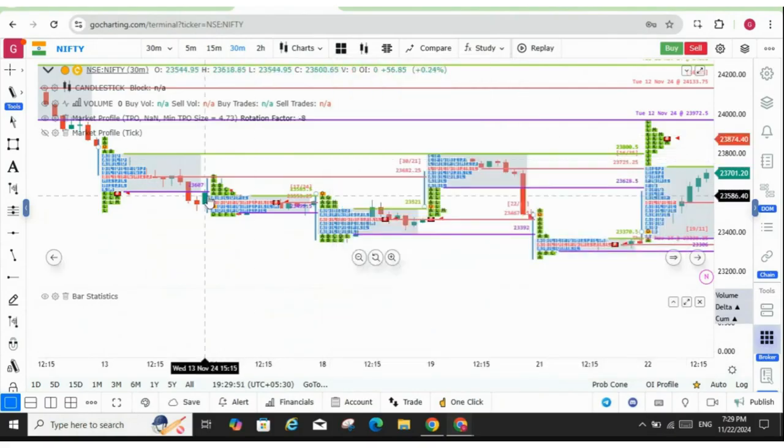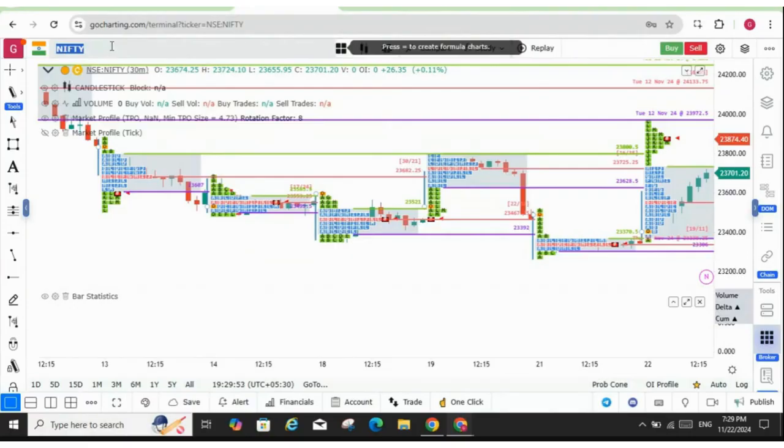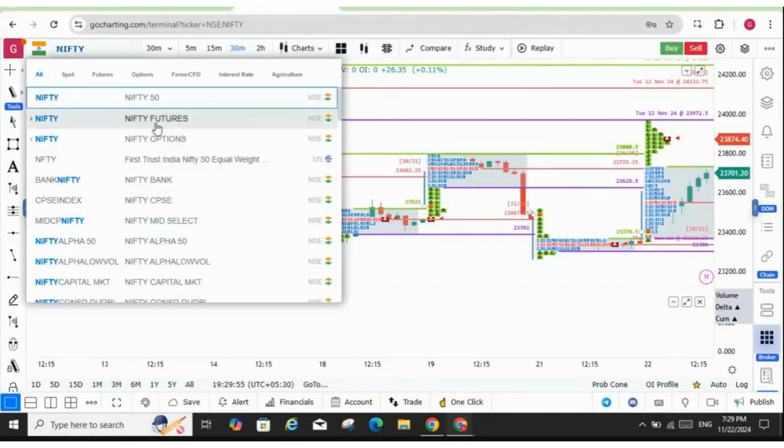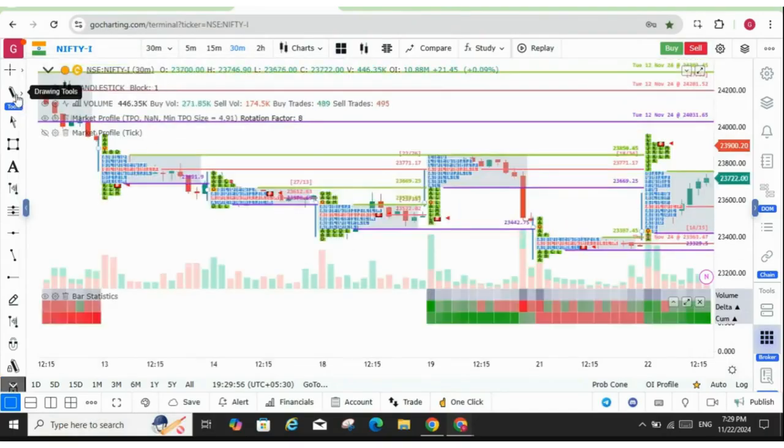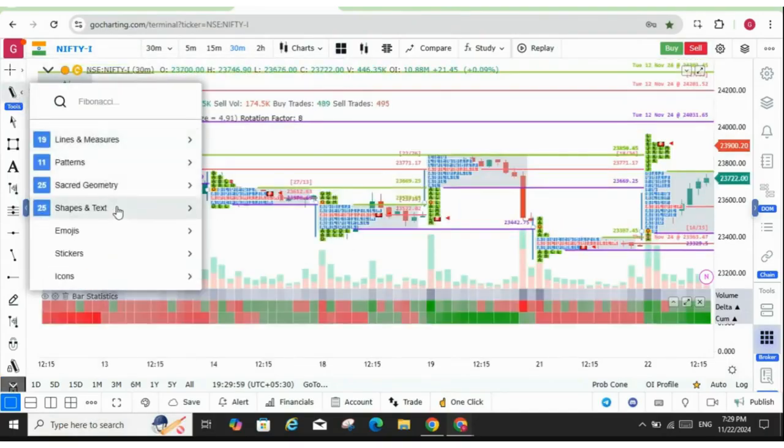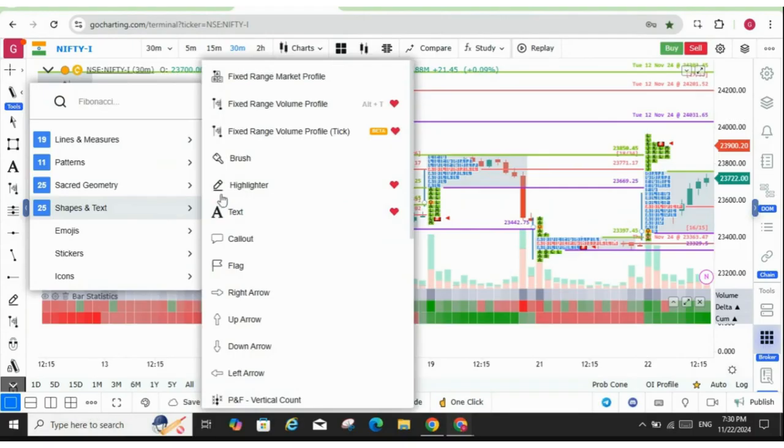We also have one interesting indicator related to volume profile and market profile. If you go to tools and then shapes and text, here you have fixed range market profile, fixed range volume profile, and fixed range volume profile tick. Market profile tick fixed range is not yet available, but you can use the fixed range volume profile tick.